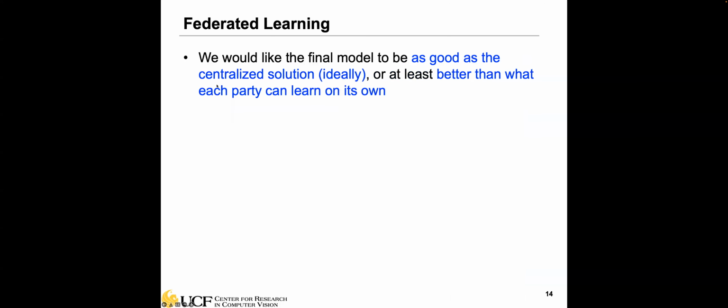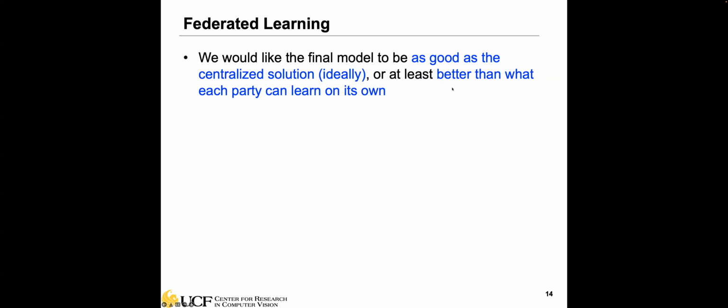Ultimately, for federated learning, we would like the final model to be as good as the centralized solution. That's the ideal case. The final model we want to achieve is just like training the model in a centralized way, where you have all the data collected and train the model in a centralized fashion.